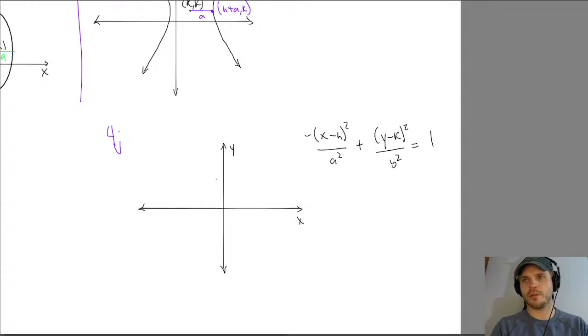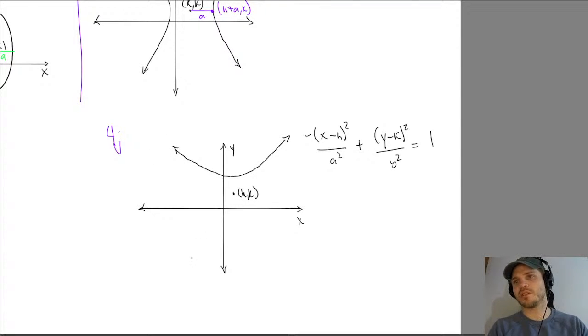Same sort of shape. It's not like a parabola. It's a little bit different than a parabola, but it's dished like that. Let me call this HK. That's pretty decent. It's not as good as the other one, but whatever.